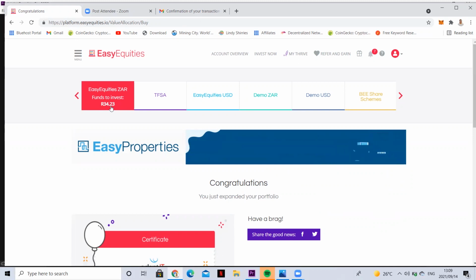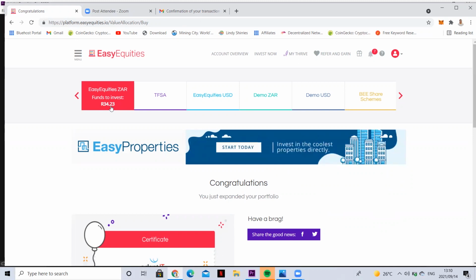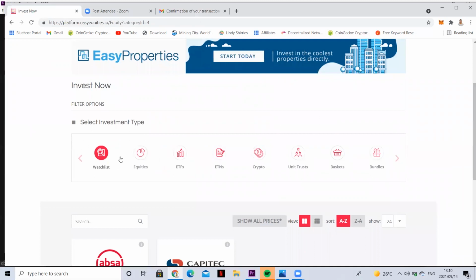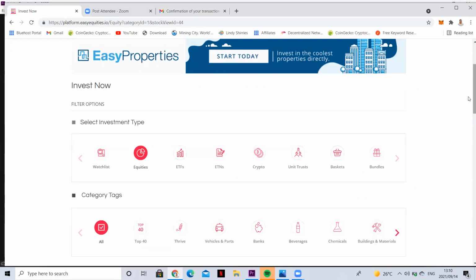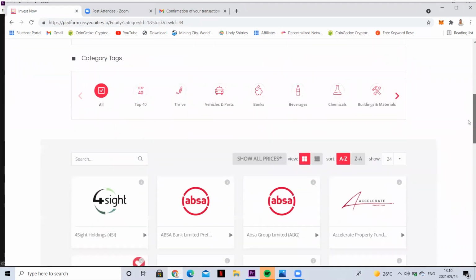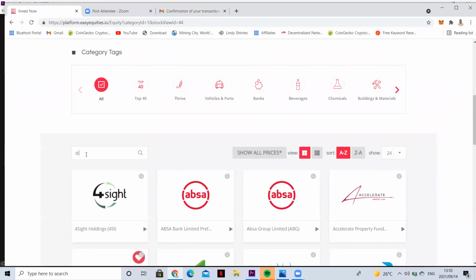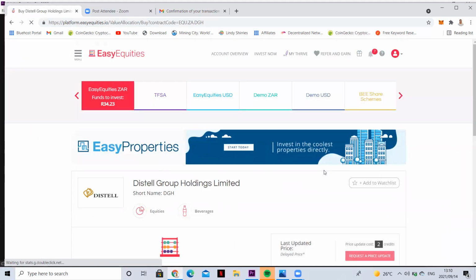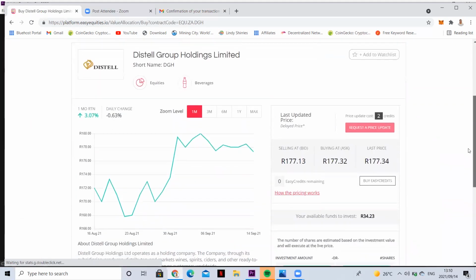So another share that I want to own, which is higher, and it's actually a bonus for you if you are watching up until now. So one share that I think is doing very well is Distell. Coca-Cola uses, I think it has something to do with bottling. So, yo guys, these people are cutting in my house, so you won't hear that much.